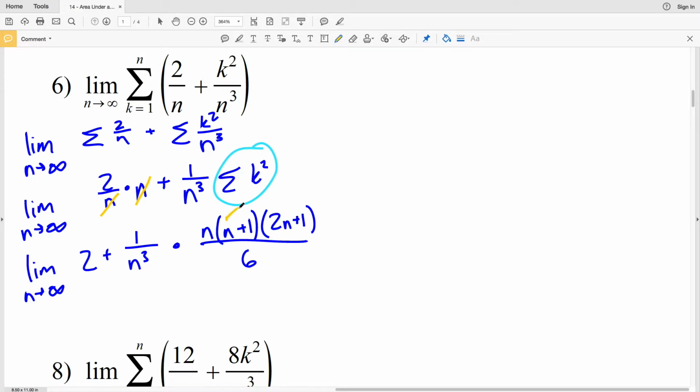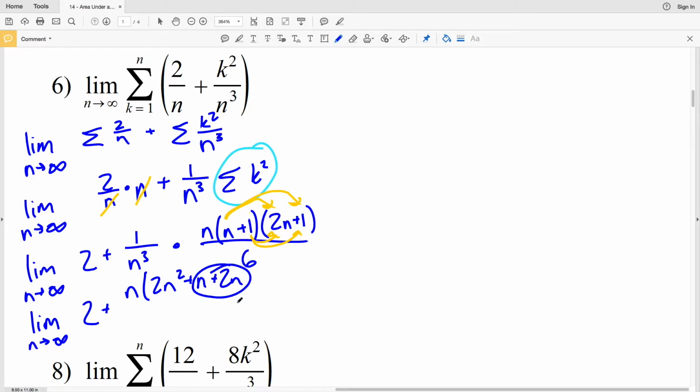So now I'm going to FOIL or expand my binomials: first, outside, inside, last. And because my numerator is multiplied by 1, I'm not changing the value of my numerator, but I'll go ahead and multiply out my denominator. So I'll have the limit as n approaches infinity of 2 plus n times 2n is 2n squared, plus n times 1 is n, plus 1 times 2n is 2n.